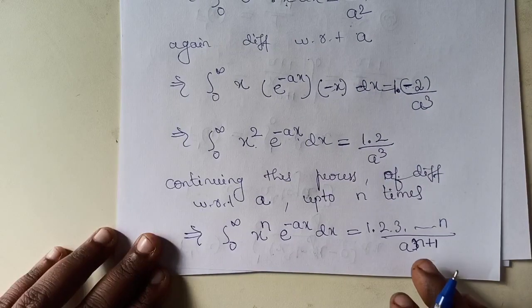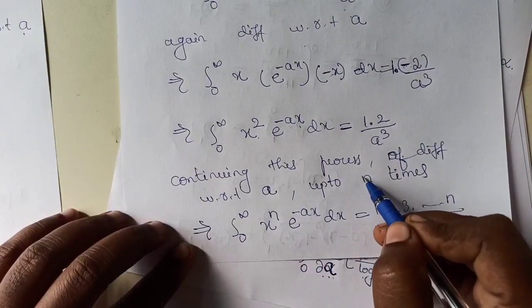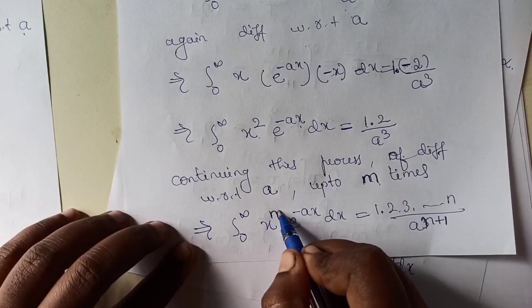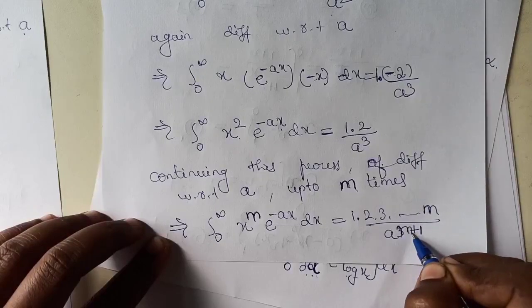Or we repeat this up to m times because in the proof we need the m term, so this becomes up to m times, and this one is also m times.